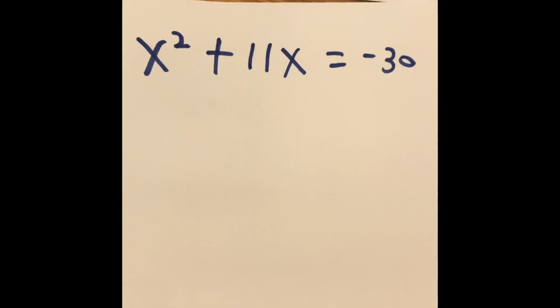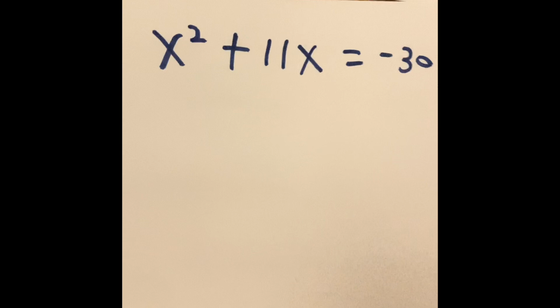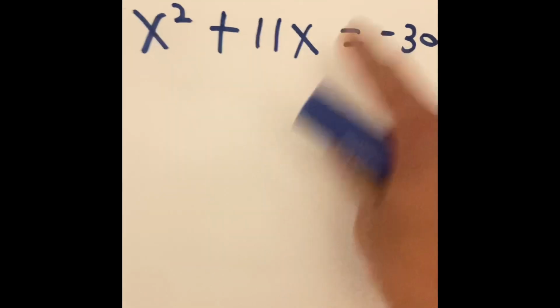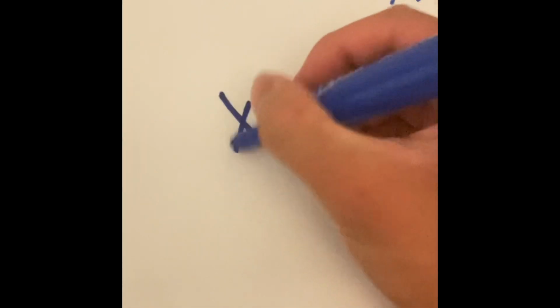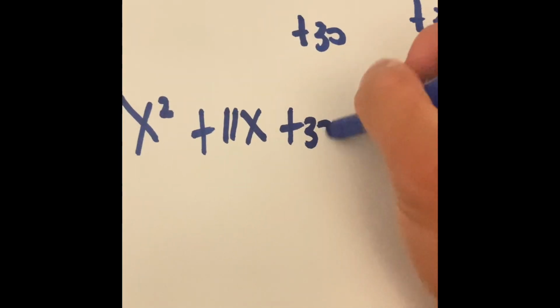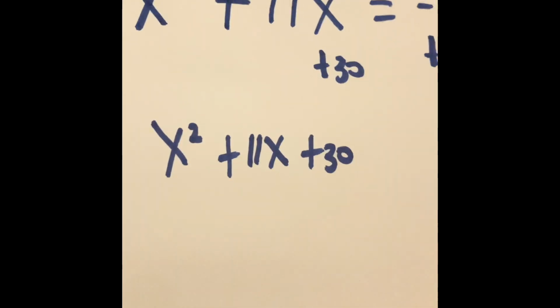Well, what we could do is try to move that negative 30 to the other side. If we add 30 to this side and add 30 to the other side, we're going to get x squared plus 11x plus 30, and that is our quadratic trinomial.